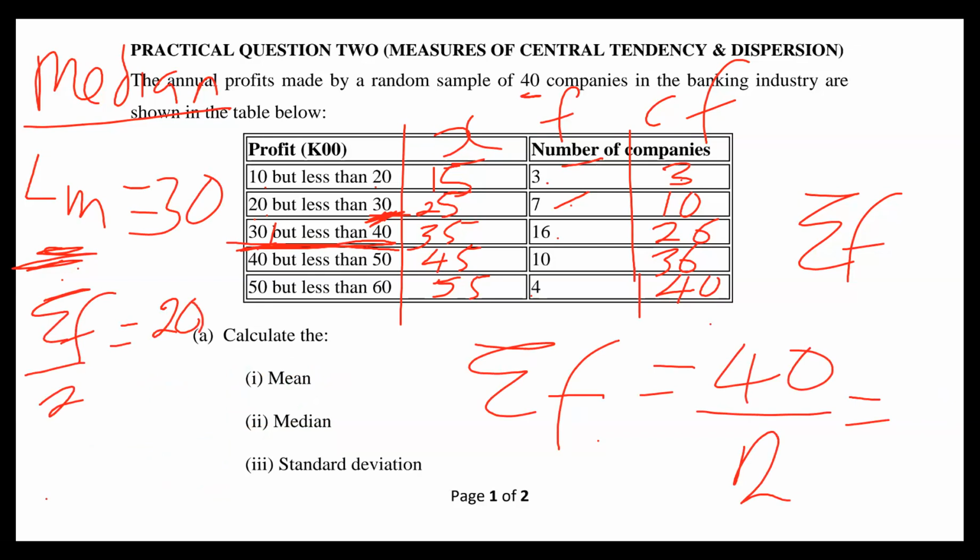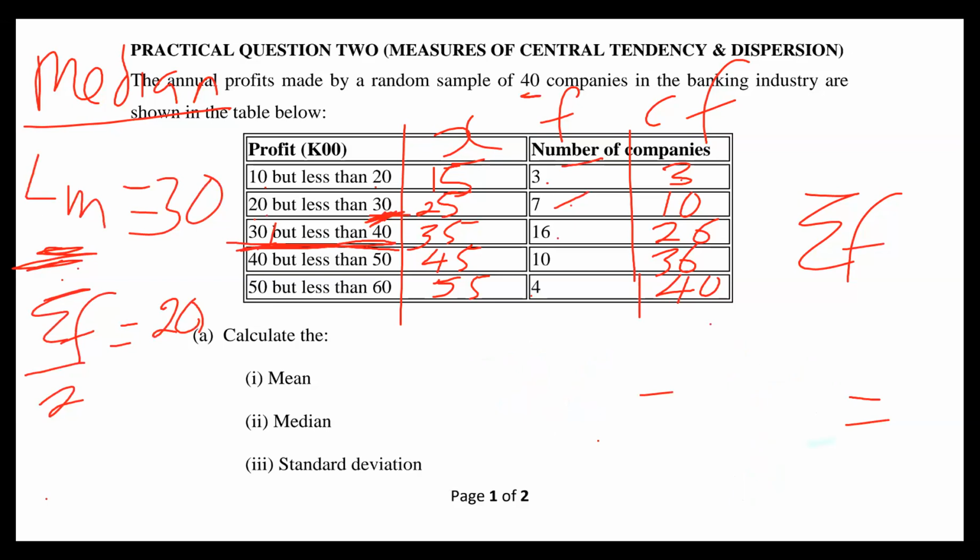Then what we need now again is the cumulative frequency of the class just before the median class. So the median class is this one. We have already established what the median class is, right?